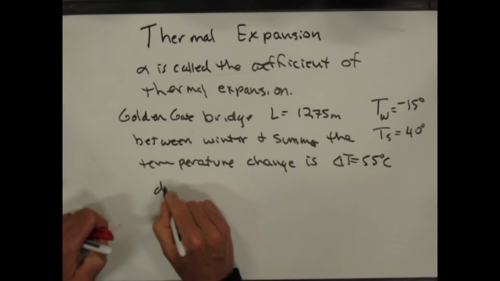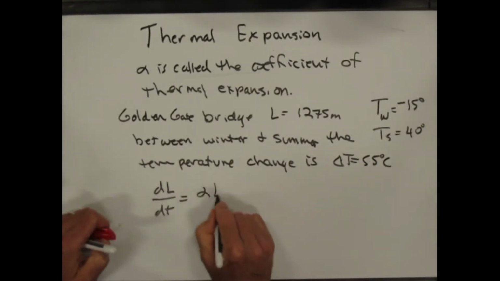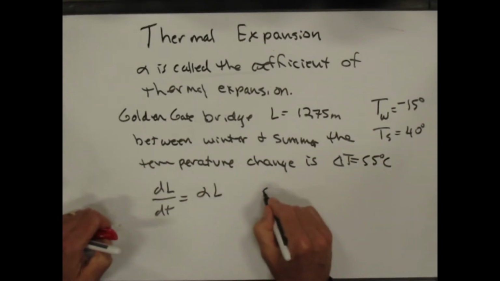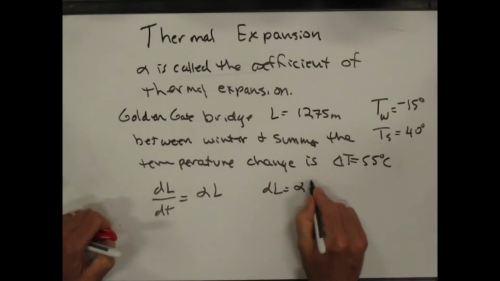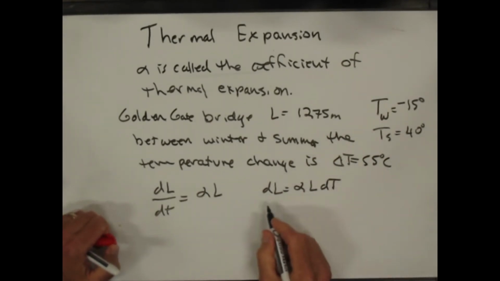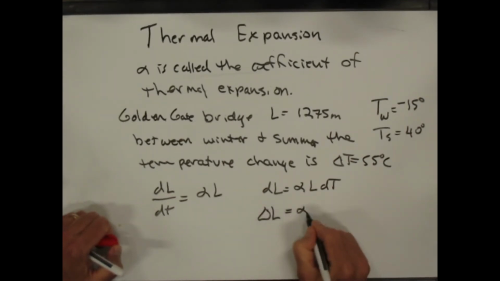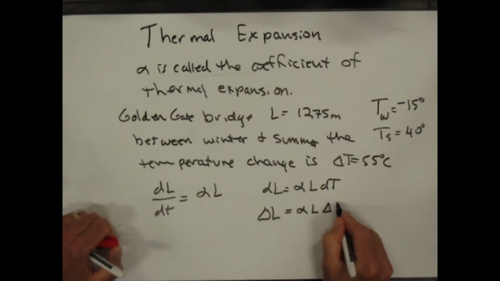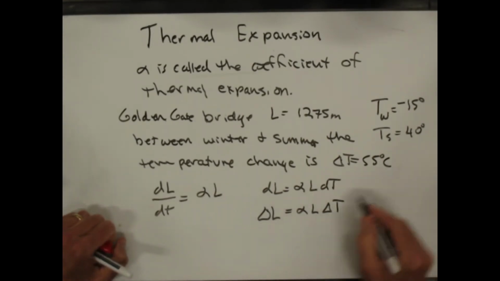And so we had dL/dT is equal to alpha L. And so that says that dL is equal to alpha L dT. We can approximate this and just call this the change in length. The delta L is equal to alpha L times the change in temperature. And we know all these if we assume that the bridge is made of steel.